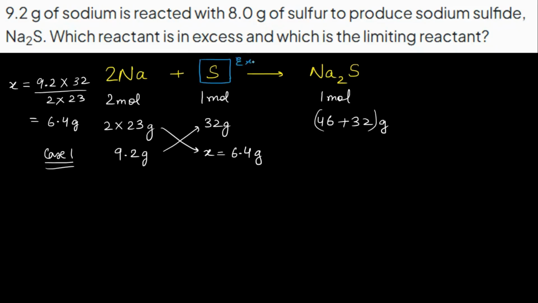So sulfur is acting as an excess reactant, whereas sodium is acting as a limiting reactant. Hence proved that sodium is the limiting reactant and sulfur is the excess reactant.